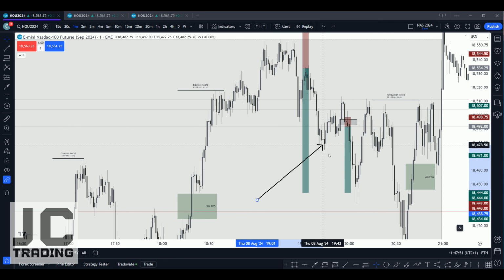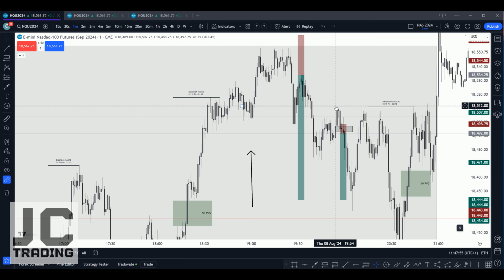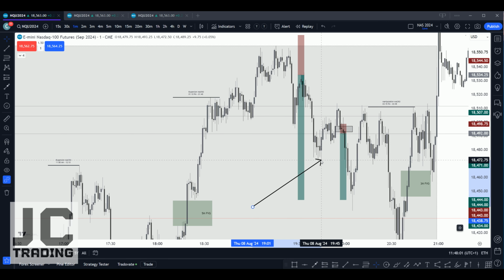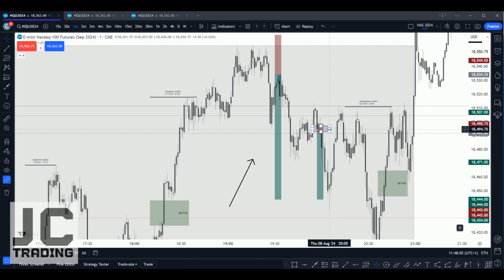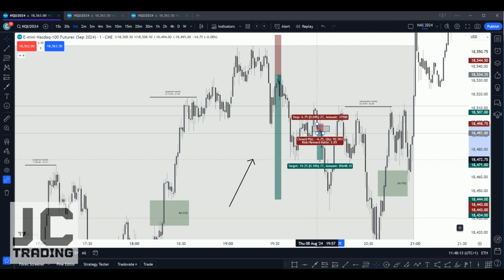So those are the three things that we're looking for: a sweep and an inversion, and we're targeting the next pool of liquidity. Now, there is one rule that you need to be aware of, and that is between where you're entering and where your next pool of liquidity is, when you put this tool on your chart, these are just position tools.